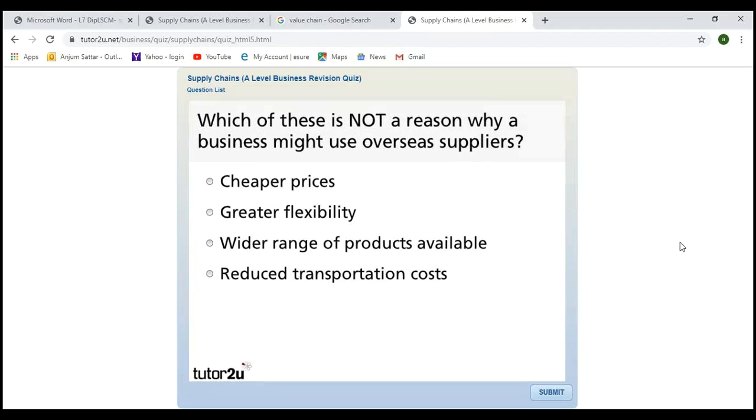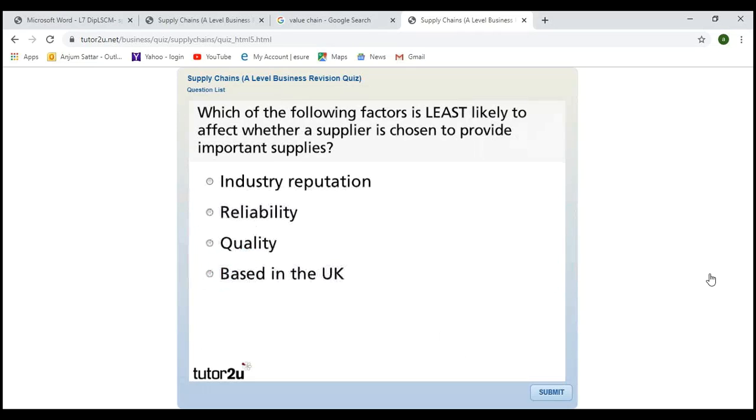Yes, correct, good. Okay, which of these is not a reason why a business might use an overseas supplier? Reduce transportation costs. Good, well done. Which of these is the least likely effect?